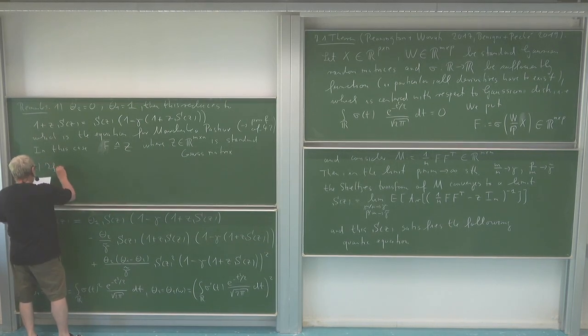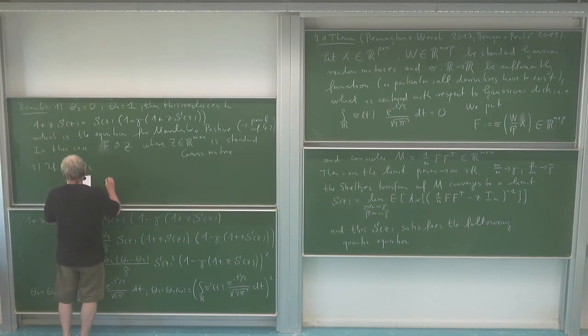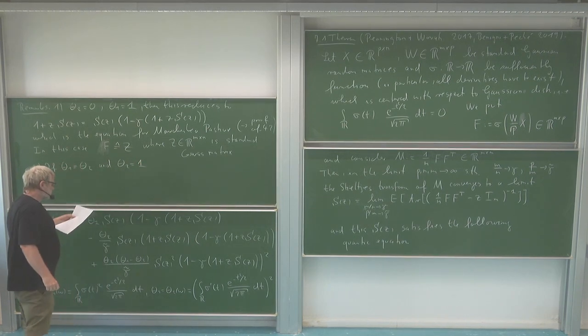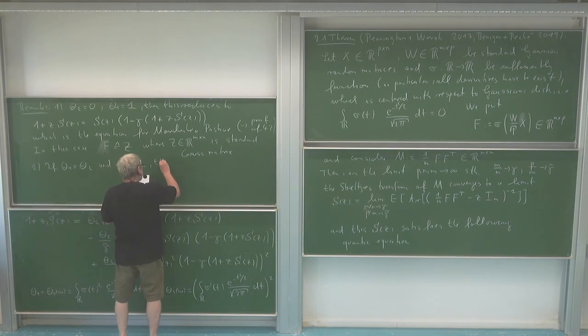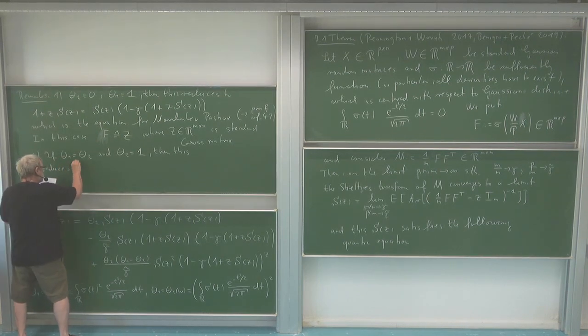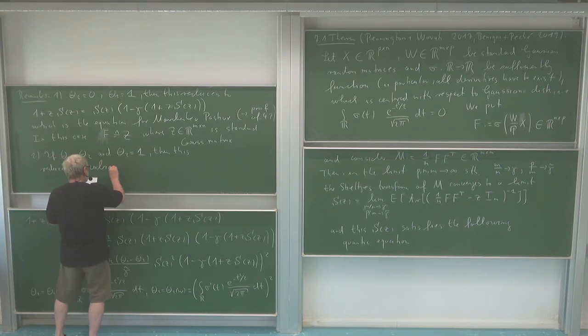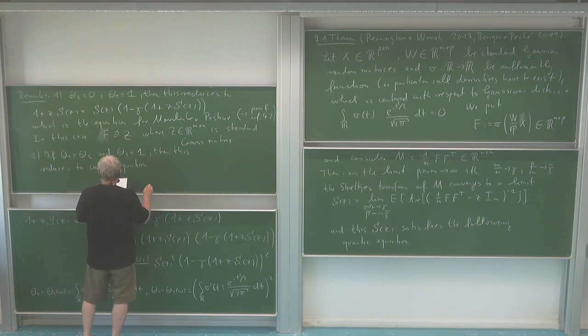Namely, if theta 1 is equal to theta 2, and let's say they are equal to 1, then this reduces to a cubic equation.